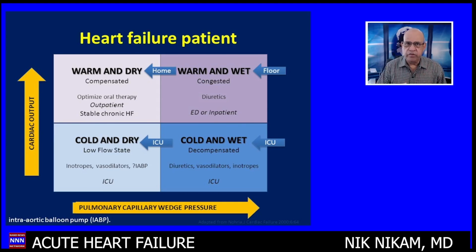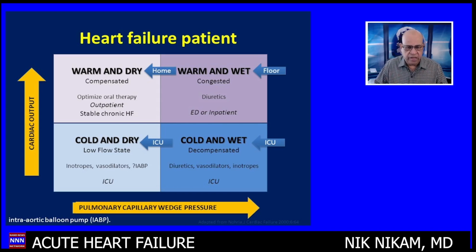All of these things clearly signify something going on inside the body, which can be easily determined by peripheral signs like the vital signs, skin temperature, or the urine output, things that are very simple to measure at bedside. Is the person cold and wet? So what does that mean?